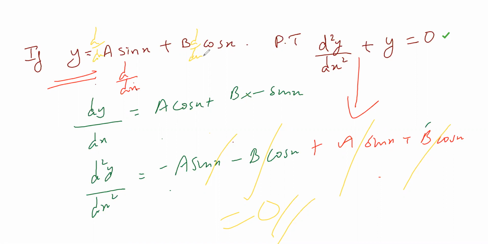We all have good brains and we can do much faster. So a cos x you directly do in your mind. Differentiation of sin x is cos x. Differentiation of cos x is minus sin x. That's why I just put the minus sign here. Clear? So try to do it in your mind.